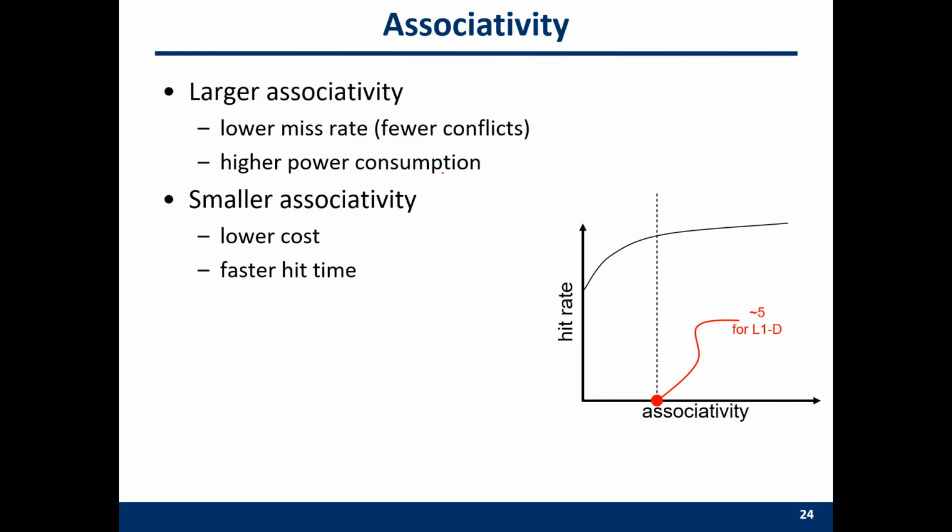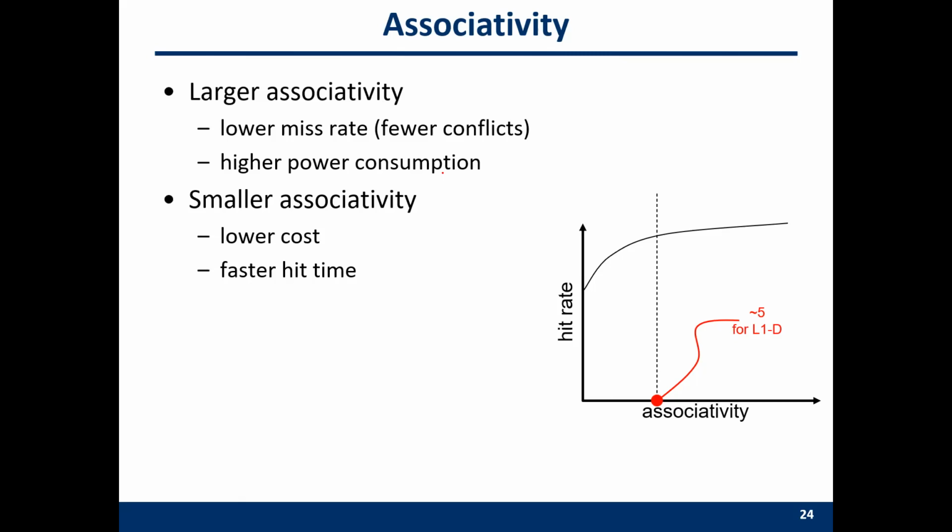When you increase the set associativity, you increase the number of locations inside one set, which means that you have a larger fully associative part in the set associative cache. So the hit rate will be better.